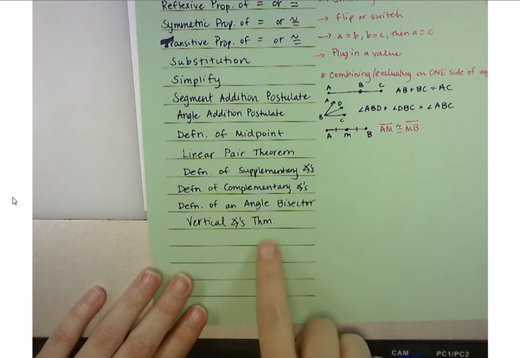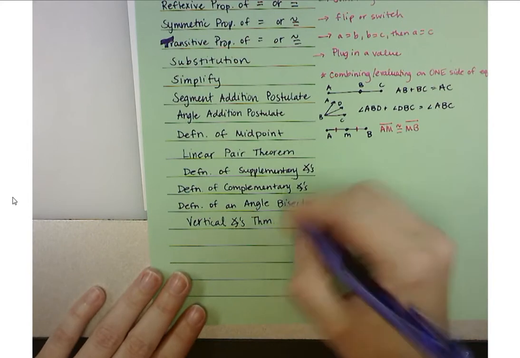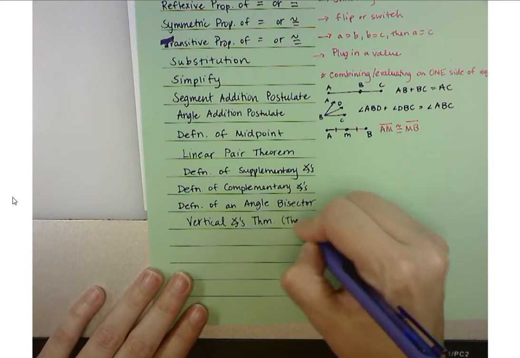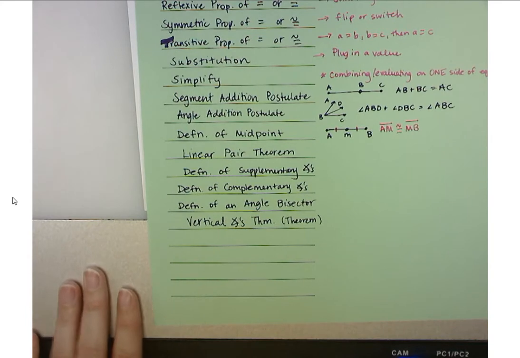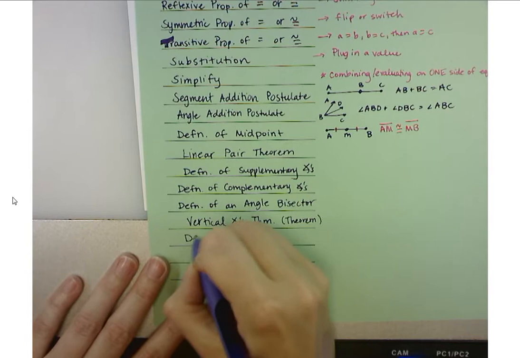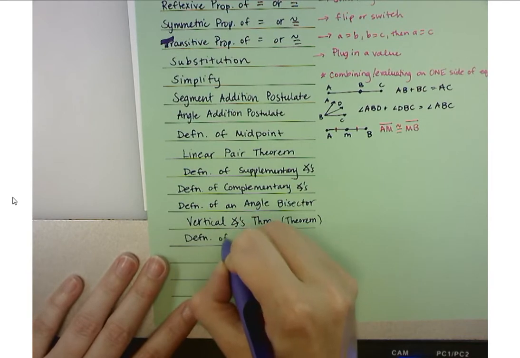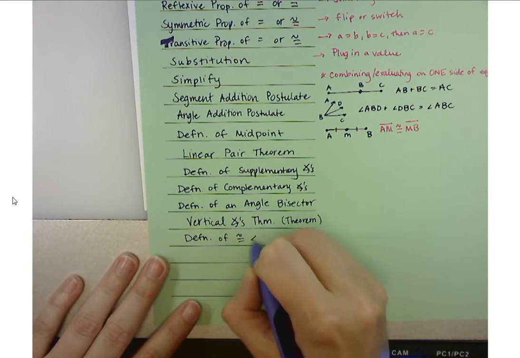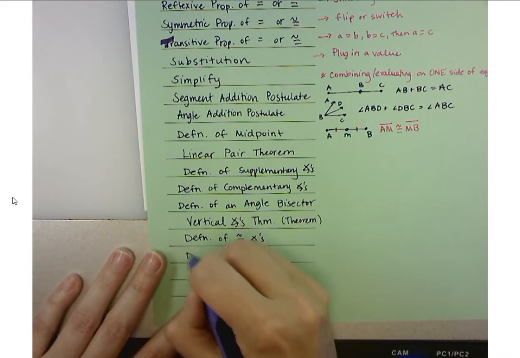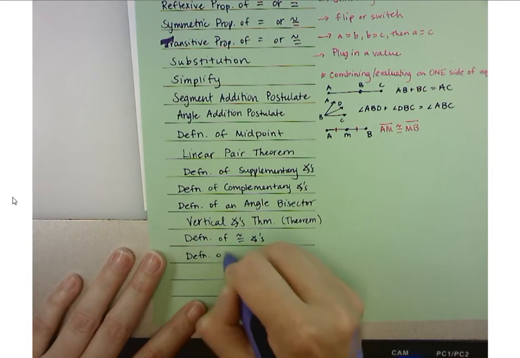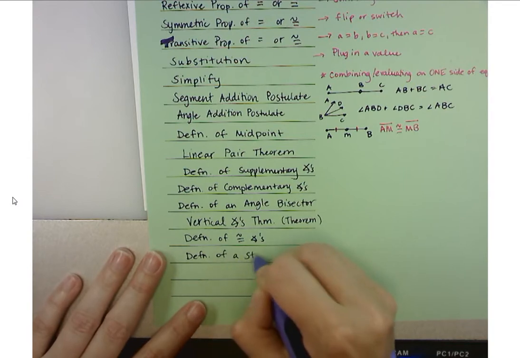Oh, if it's a theorem, I'll usually abbreviate THM. You can also just write it out, theorem. There's the definition of congruent angles. And the definition of a straight angle.